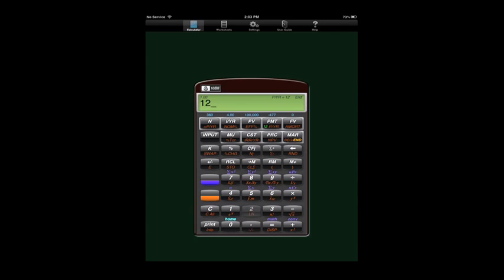So 12, shift, amort. So it answers back, okay, we're going to look at the first 12 months, 1 through 12. Now if I start hitting equals, there is the amount of principal reduction during those 12 months. If I hit equal again, there's the amount of interest paid during that time. If I hit equal again, there's the balance at the end of that period.